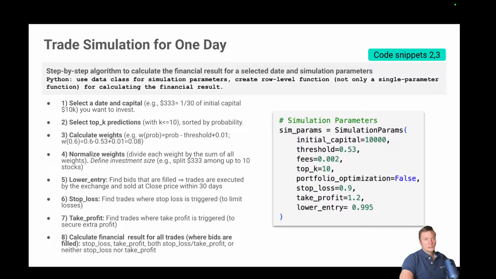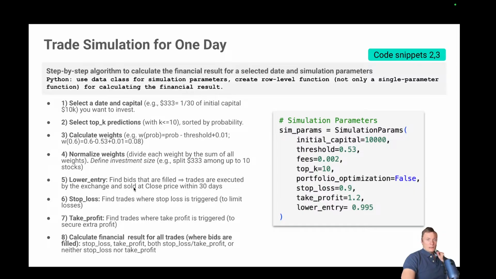But here I do slightly higher weights on the trades if the probability is high, and then I normalize all the weights so that the sum of all weights is equal to 1, and the capital that is available on a given date, say 333, is split among top K or up to 10 stocks with the specified weights.